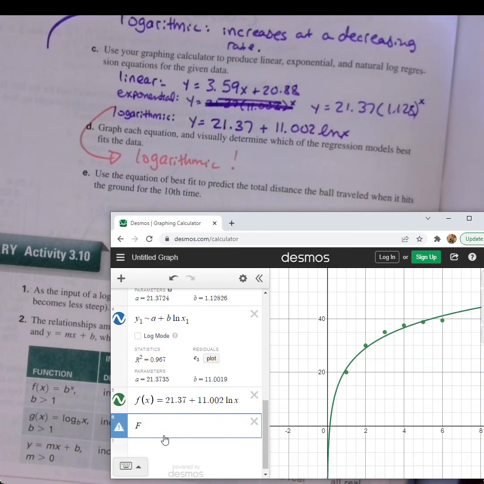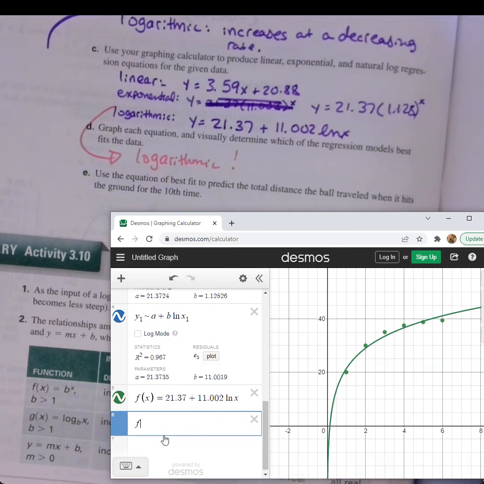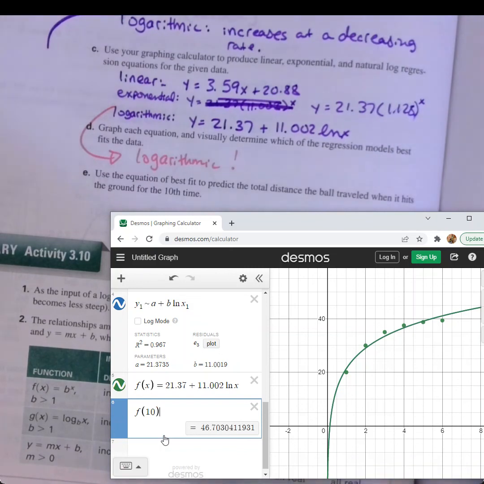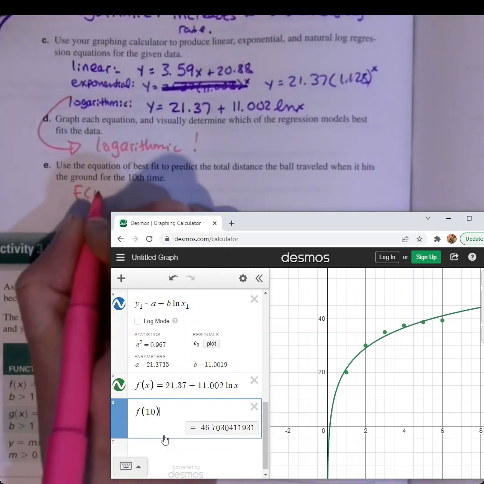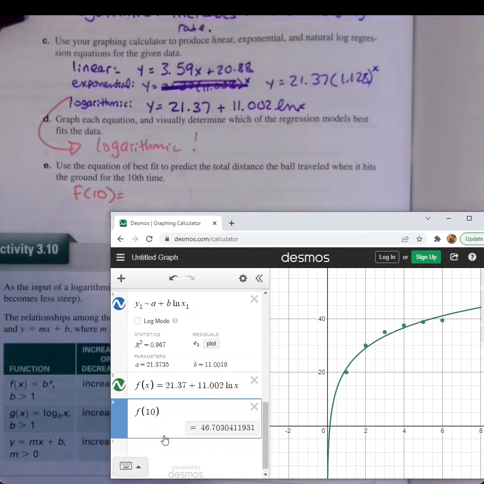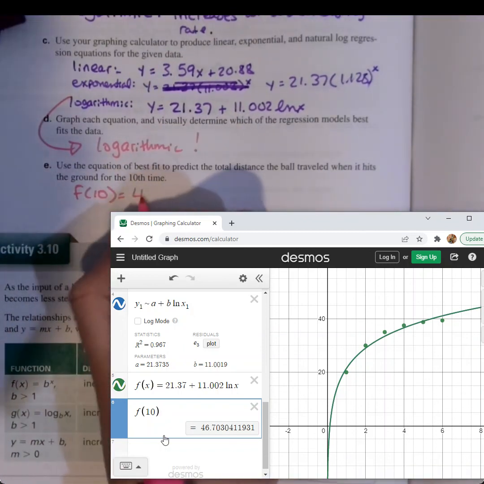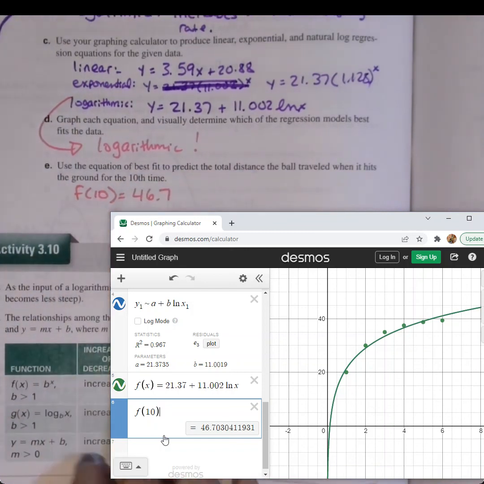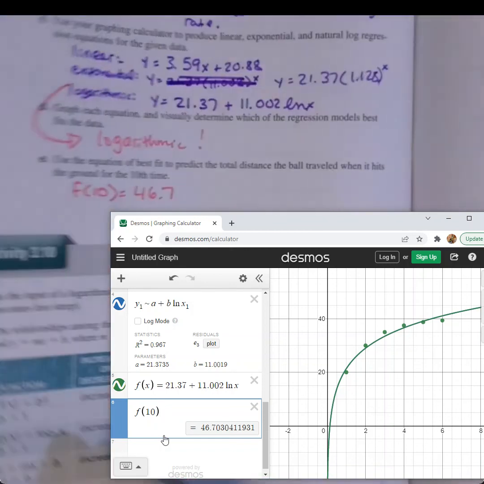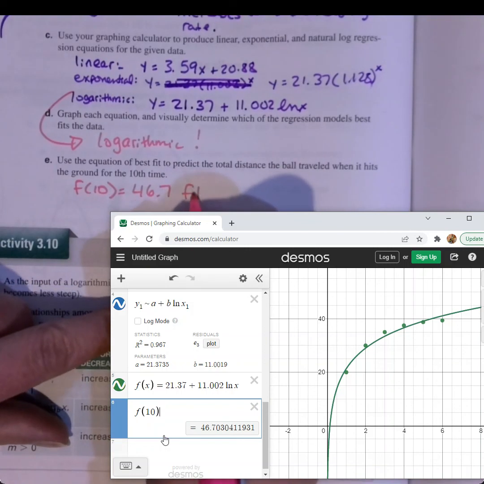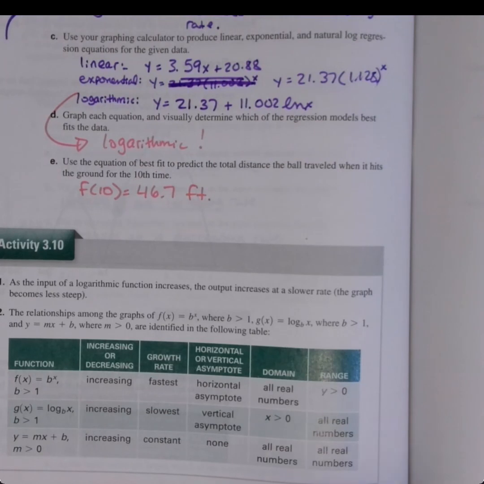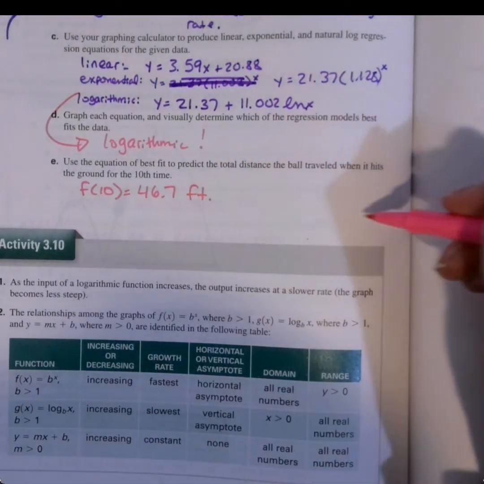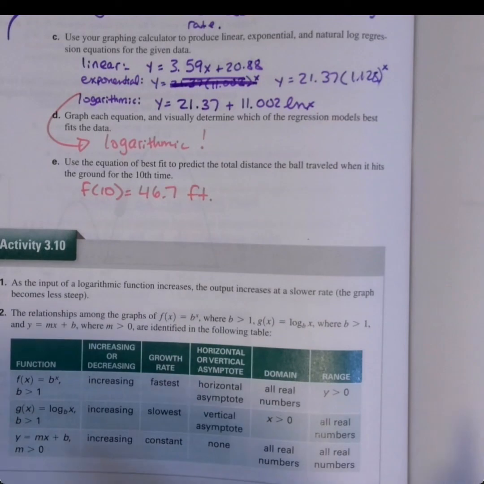And we want f of 10. 46.7. I believe our units were feet. So between all its bounces, after it bounced 10 times, up, down, up, down, up, down, up, and then its smaller bounces included, it would have traveled a vertical distance of 46.7 feet.